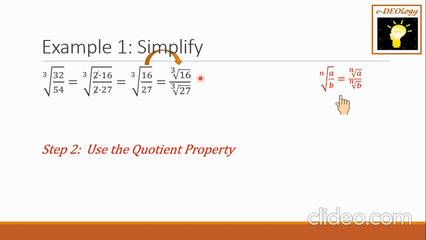We check the radicand of the numerator and denominator if they are perfect nth powers. Since our index is 3, we check if the numbers are perfect cubes. In the numerator, 16 is not a perfect cube. In the denominator, 27 is a perfect cube.